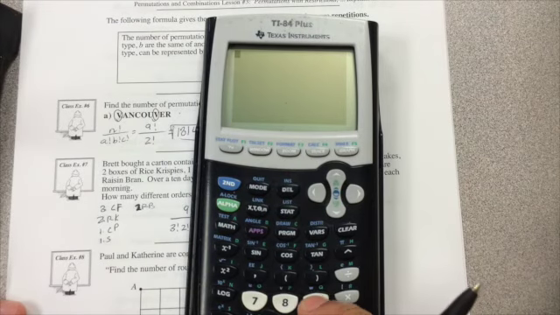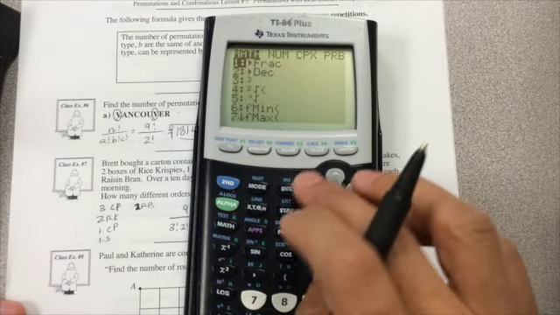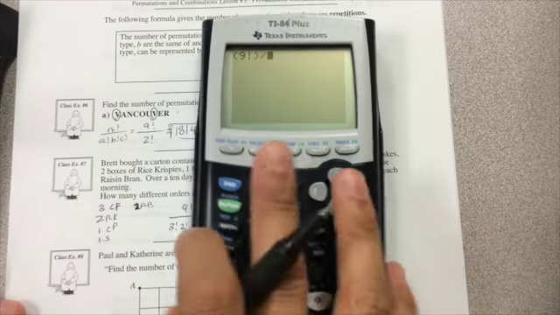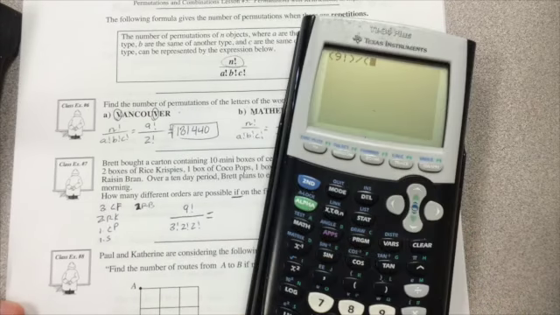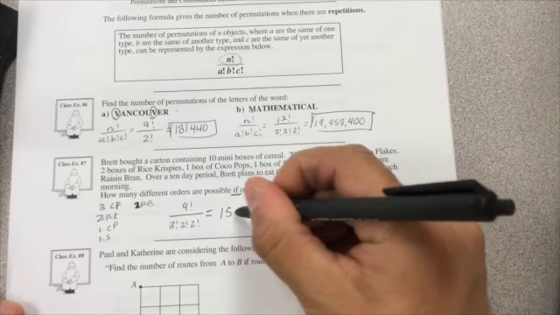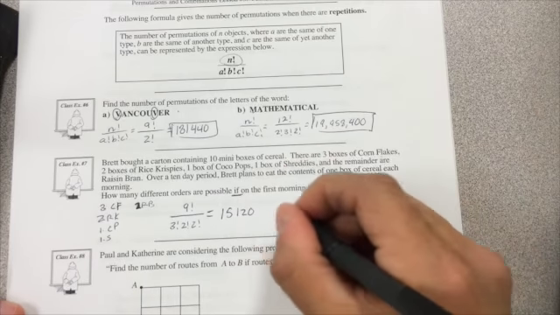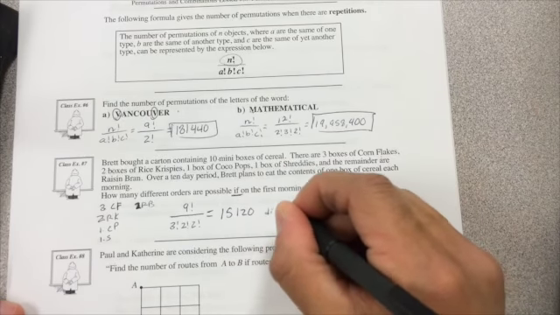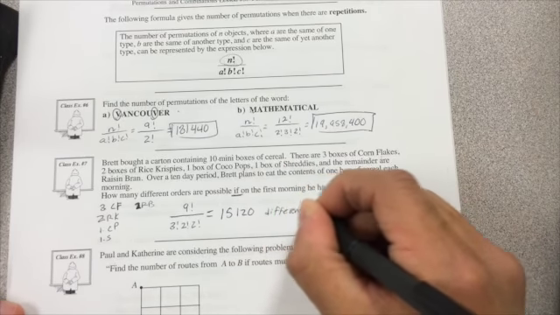So what we're going to be left with is 9 permutation divided by 6. So 3 permutation is 6 times 2 times 2 permutation. And there are going to be 15,120 different orders possible.